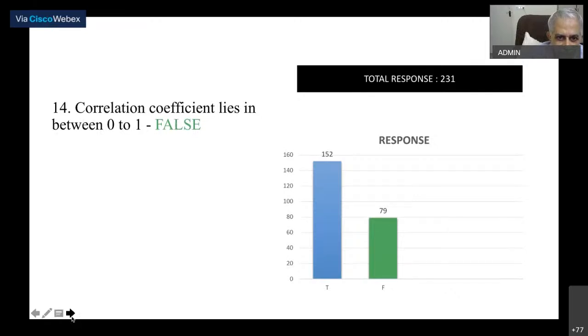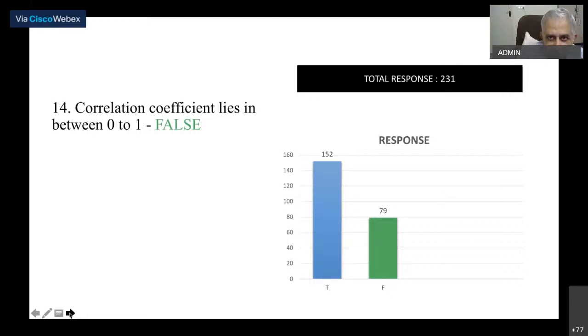Correlation coefficient lies between 0 and 1: false. Actually, there is a mistake, I think. Correlation coefficient basically lies between 0 and 1. So when you have two variables, you check whether when one goes up or down, the other changes or not. So you will get a value from 0 to 1.